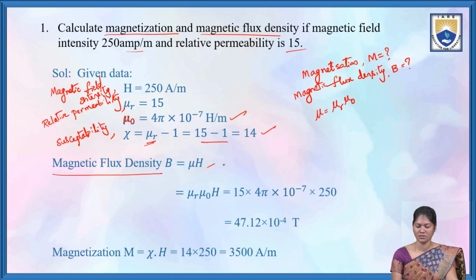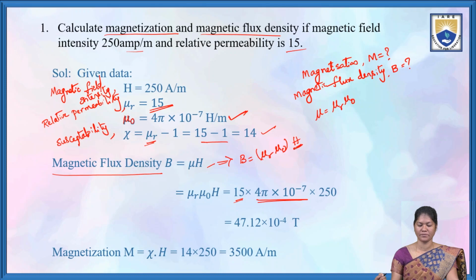So substituting here, B is equal to mu r mu naught H. So substituting the values: mu r we have 15, which is given in the problem, and mu naught is equal to 4 pi into 10 power minus 7 Henry per meter.